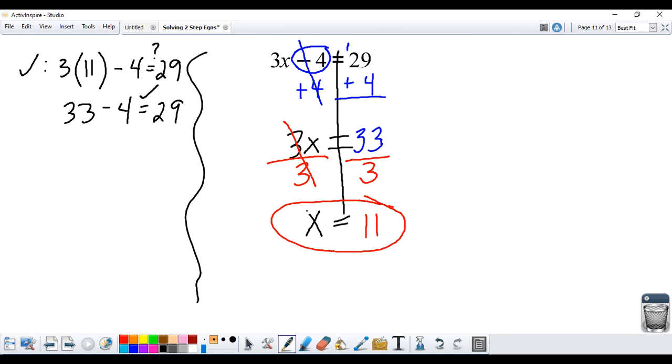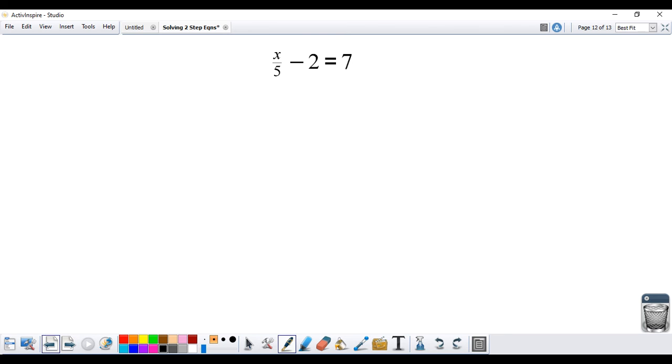Now let's do a couple that start with division. So, here's the problem. X divided by 5. So remember that when something is written over a fraction, it means division. So this means X divided by 5. So I have X divided by 5 minus 2 equals 7.